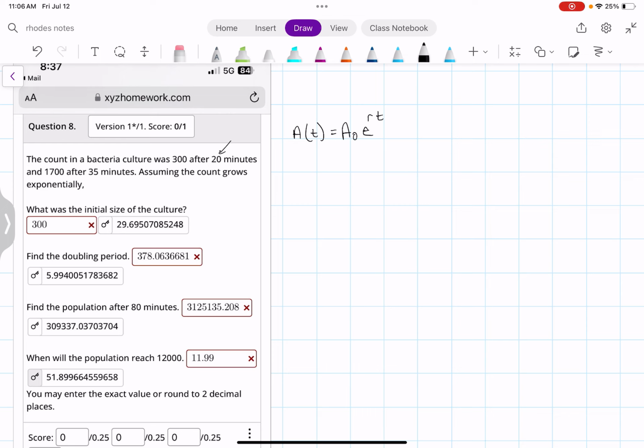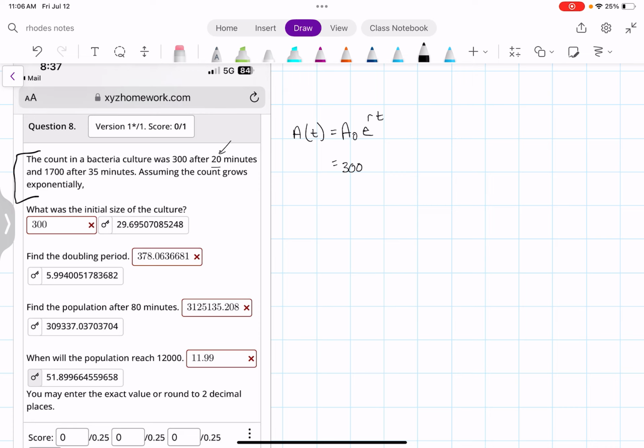So I'm going to use this information to find the rate. We started with 300 as the initial amount. Well, it's not time 0, but it's the initial amount they provide in this problem, because we have to find r.